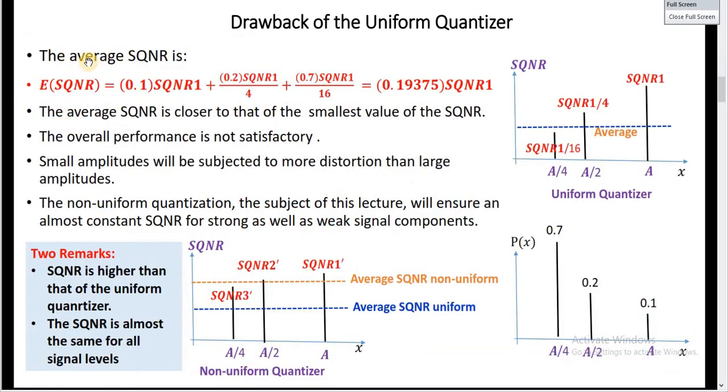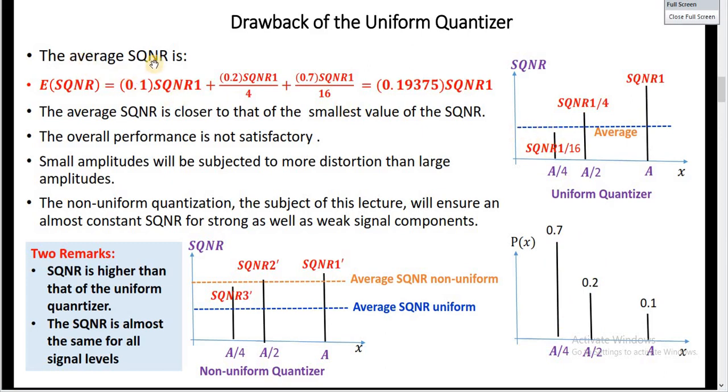In fact, we can compute the average signal to quantization noise ratio as a statistical average. So the expected value or the mean value of the signal to quantization noise ratio is this probability of occurrence times the signal to quantization noise ratio, plus this probability times this value, plus this probability times this value.